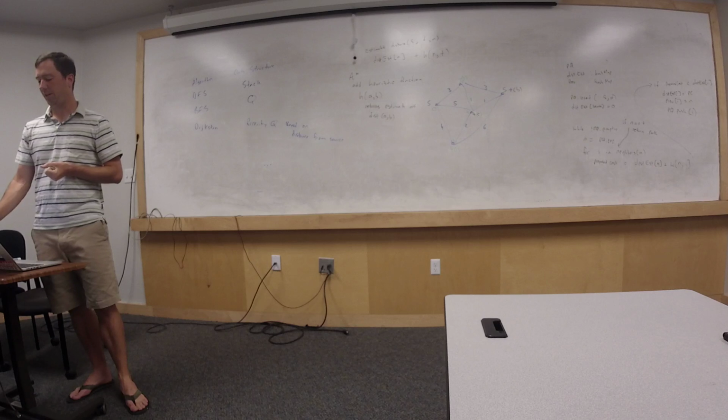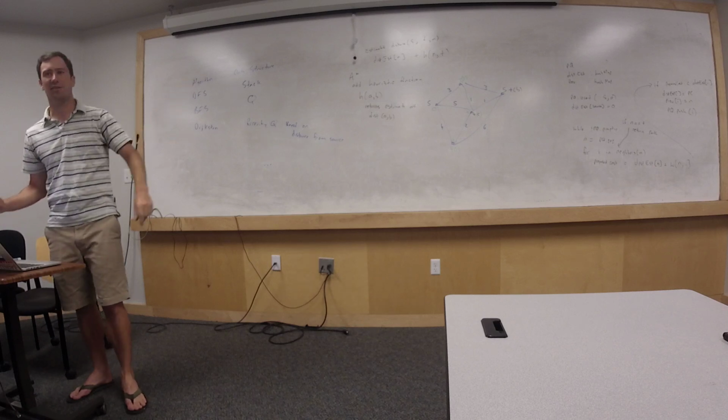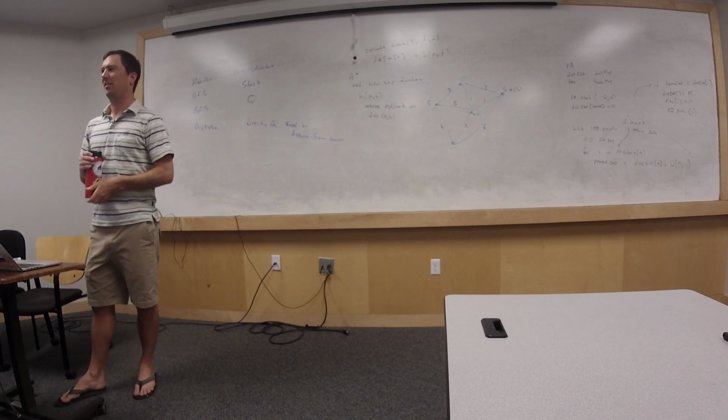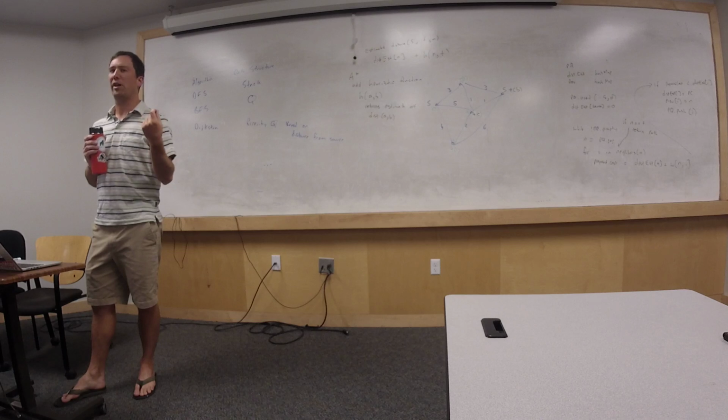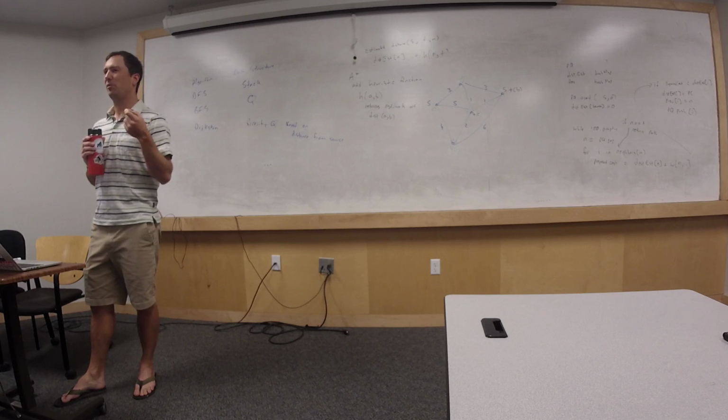So the name A star comes from the fact that this is an optimal algorithm, and there's a proof that says basically all of the nodes that you look at when you're doing A star, if you were to skip looking at any of them, it's possible that you would miss the shortest path.